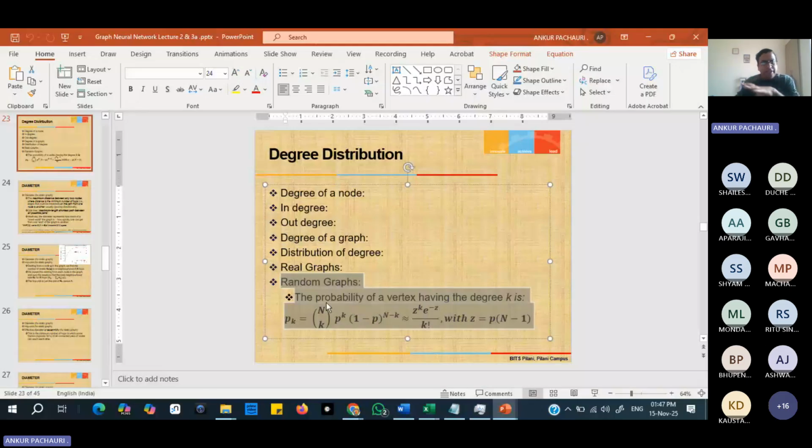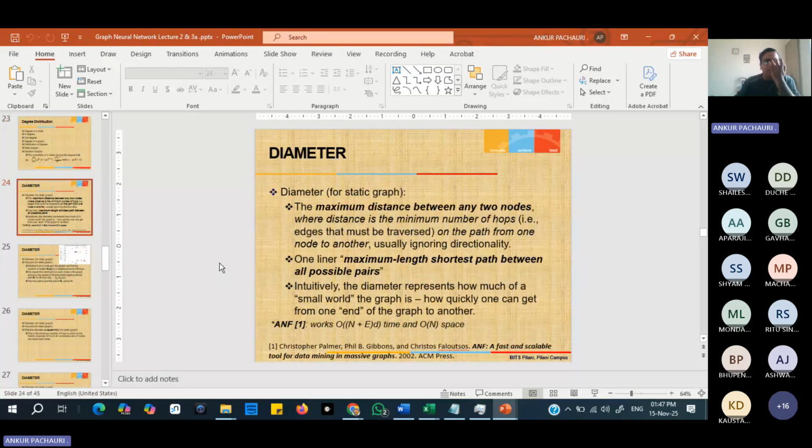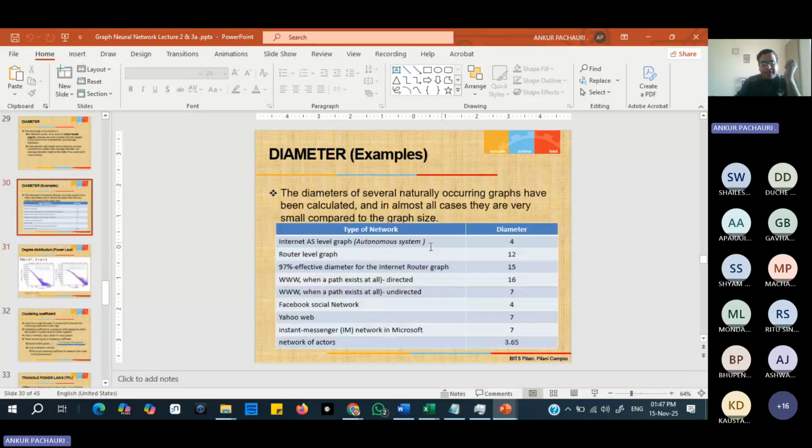We will have a full description of random graphs later on. Then degree, diameter and all is being covered, and these are examples from data given in a research paper about the diameter of various kinds of graphs.